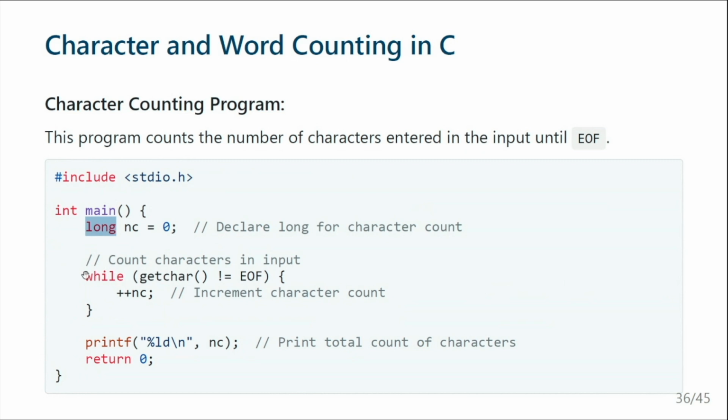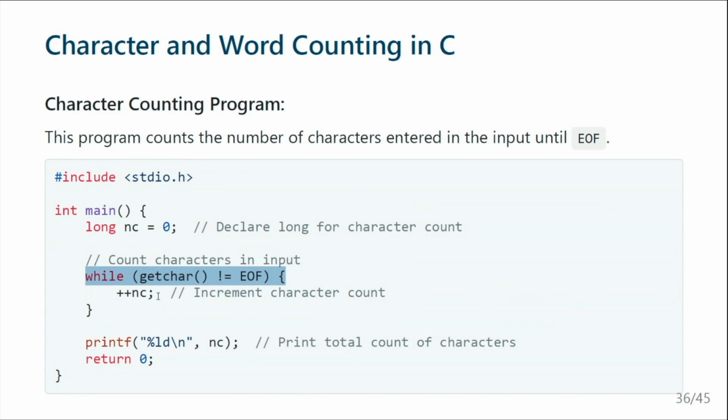The while loop itself is very similar, but this time, because we don't have to output it, we don't need to assign it to a variable anymore. We simply compare it to the end of file. As long as it's not the end of the file, we will continue this loop. Inside this loop, we have ++nc. There are two forms: one is plus plus a variable, the other is a variable plus plus.